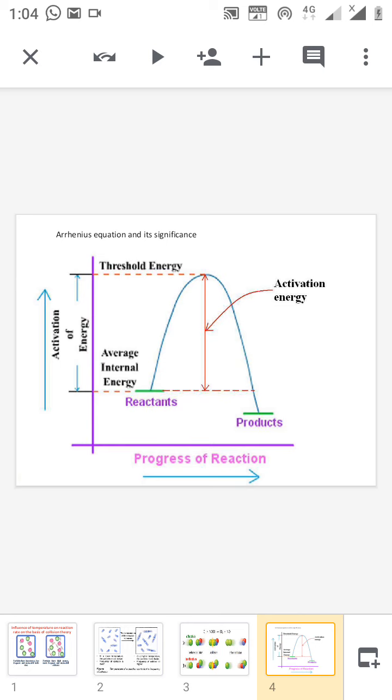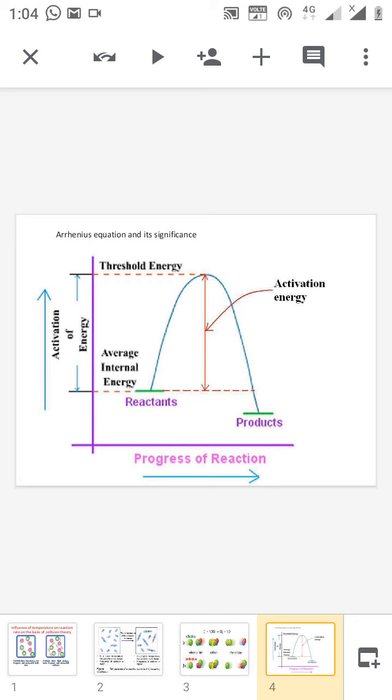First of all, every molecule has an average energy. That energy is not sufficient for undergoing the chemical reaction. So we have to supply some energy which is required for the chemical reaction. The threshold energy is the energy which is required for the actual reaction. That is shown in the figure.